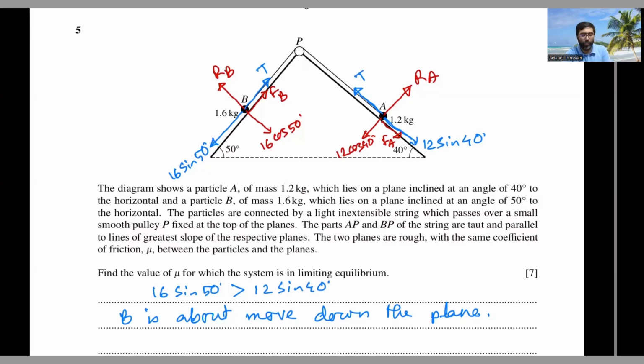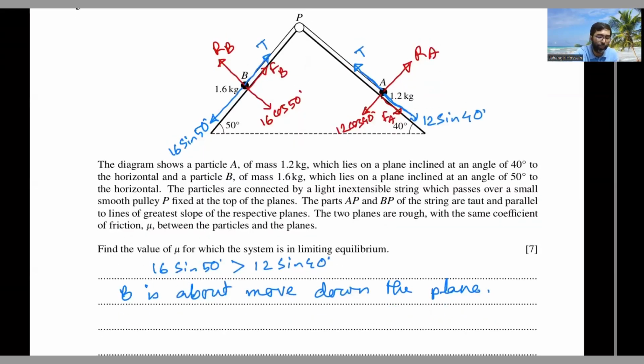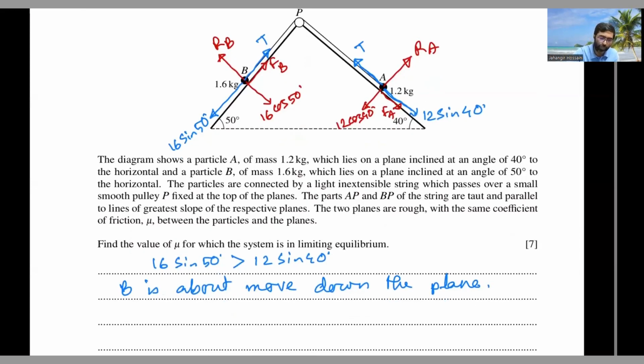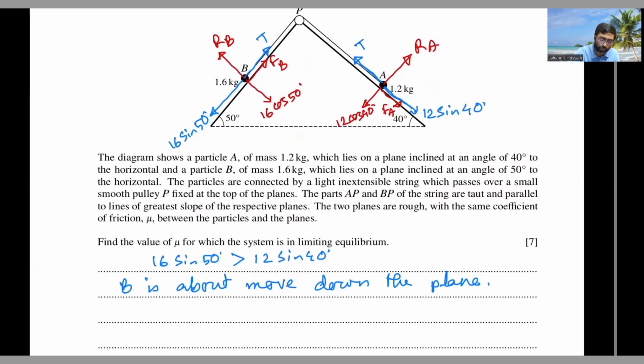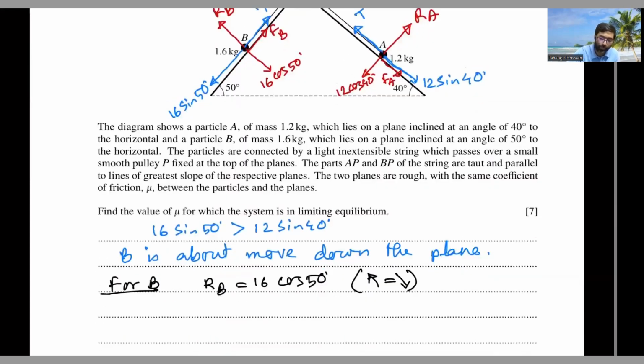Okay. Now, both particles are in limiting equilibrium, so we can equate the forces for B. First, R_B equals 16 cos 50, considering the forces normal to the plane.